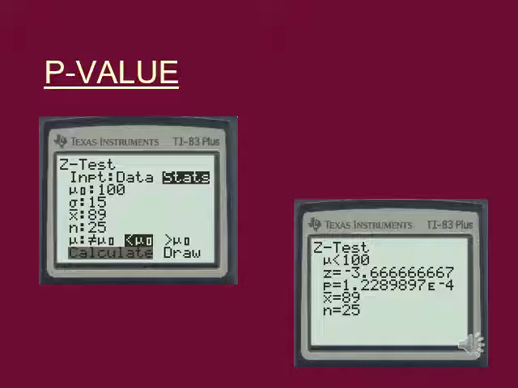Make sure everything is correct and I hit calculate and I get the screen over on the next page, and honestly from our point of view all you really care about on that screen is p. There are other methods of doing hypothesis tests where what you might care about would be the z line on there. But for now, what we're doing is a p-value test, so p is what we care about.